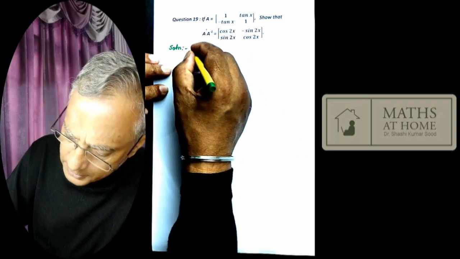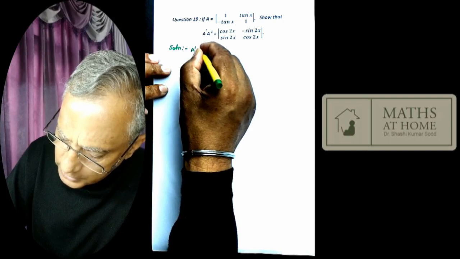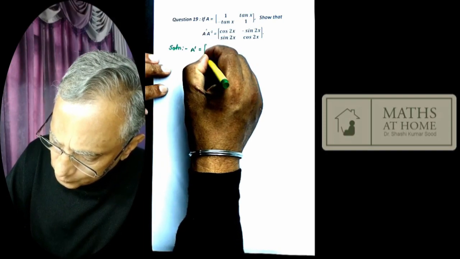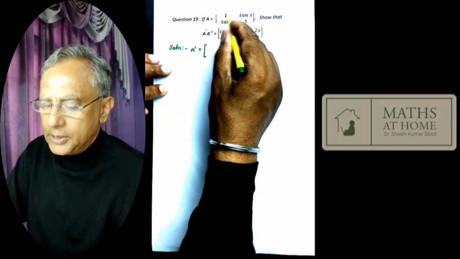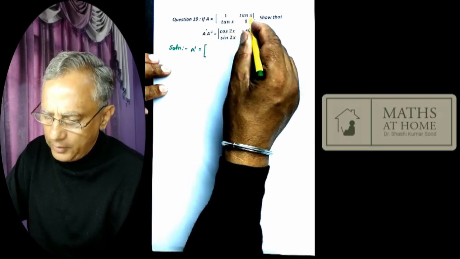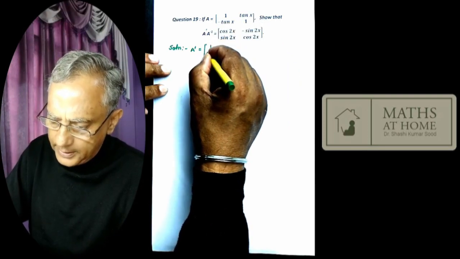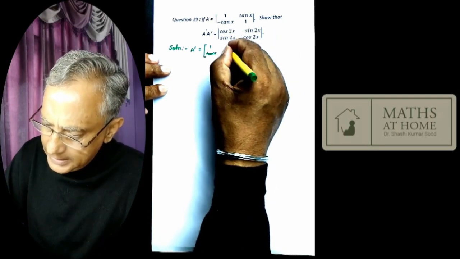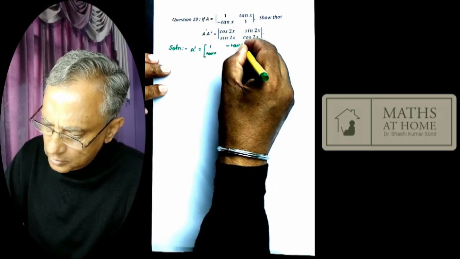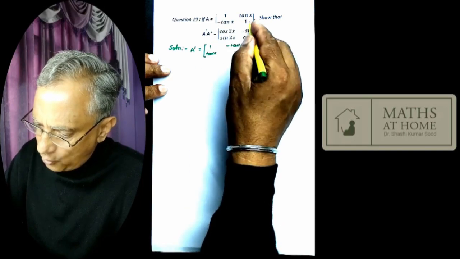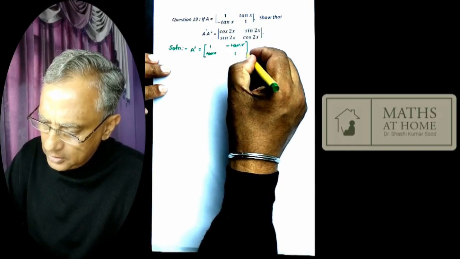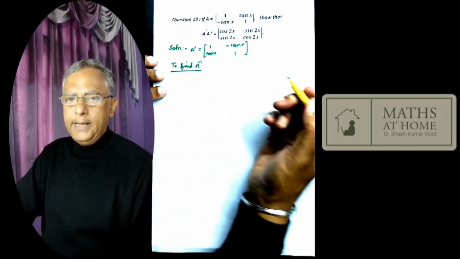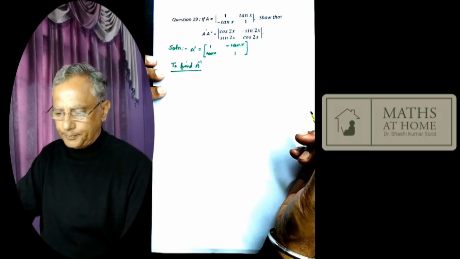So A transpose is equal to interchange the rows and columns. First row will become first column, 1 tan x, and this is minus tan x into 1. Second row will become second column. To find A inverse.